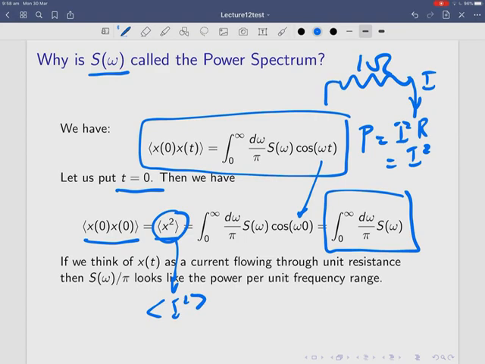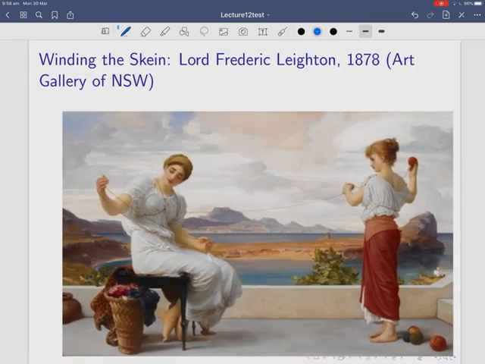And this thing on the right, the integral over omega of S of omega, just looks like the power per frequency range. So S of omega divided by pi is basically the power per frequency range, and that's why it's called the power spectrum. So it's actually related to the power. Somehow x squared should be the power in some cases, and that's why it's called this.